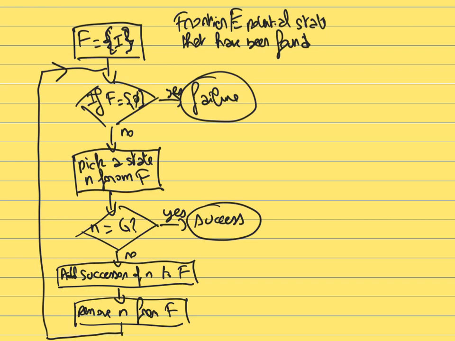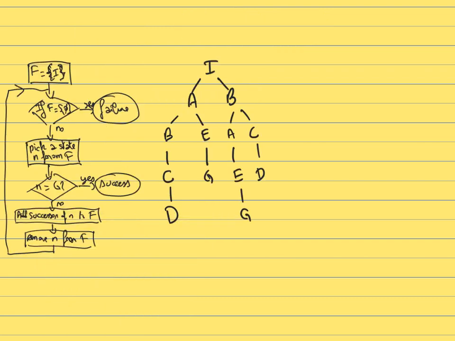In the frontier, you keep adding new states. Sometimes you remove states too, but you keep adding new states. So the size of the frontier is what dictates the memory that this algorithm will take. It dictates how much information, how many possible states it needs to store during its search.